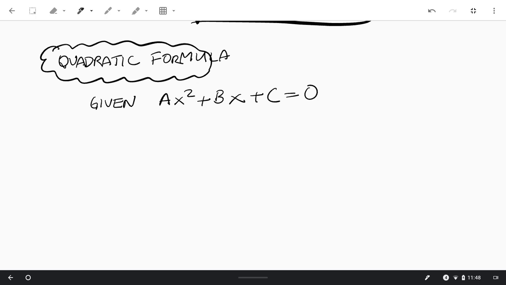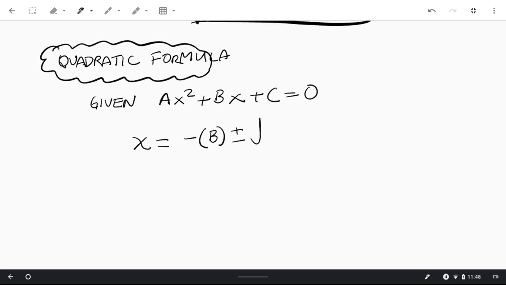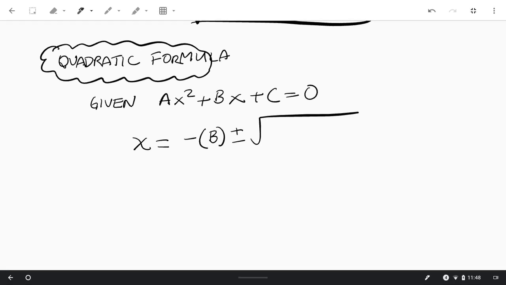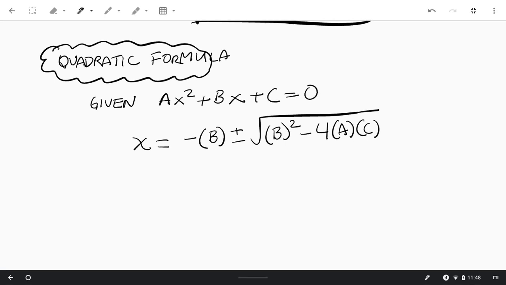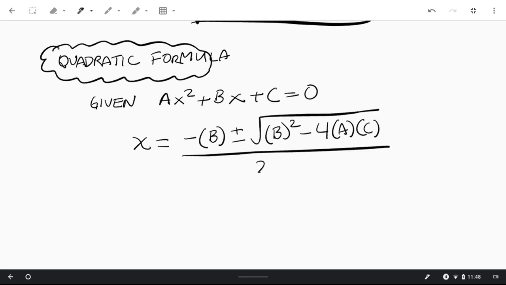The quadratic formula tells us that if you're trying to solve that, then x is going to equal negative b plus or minus the square root of b squared minus 4 times a times c, all over 2a.